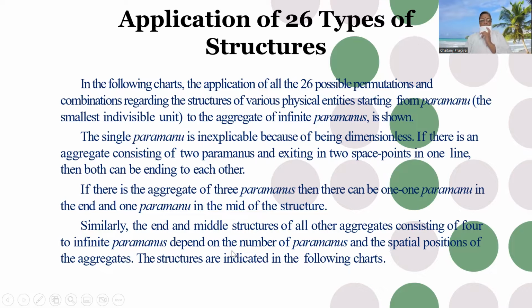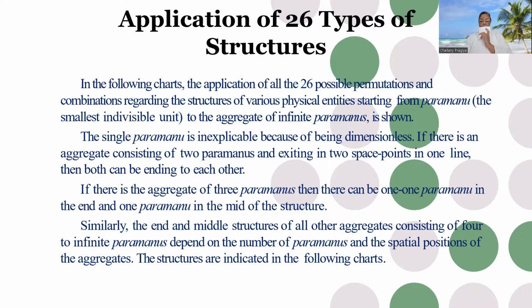Now we can see that similarly the end and middle structures of all other aggregates consisting of 4 to infinite Paramanus depend on the number of Paramanus and the spatial positions of the aggregates. So the structures are indicated in the following charts.